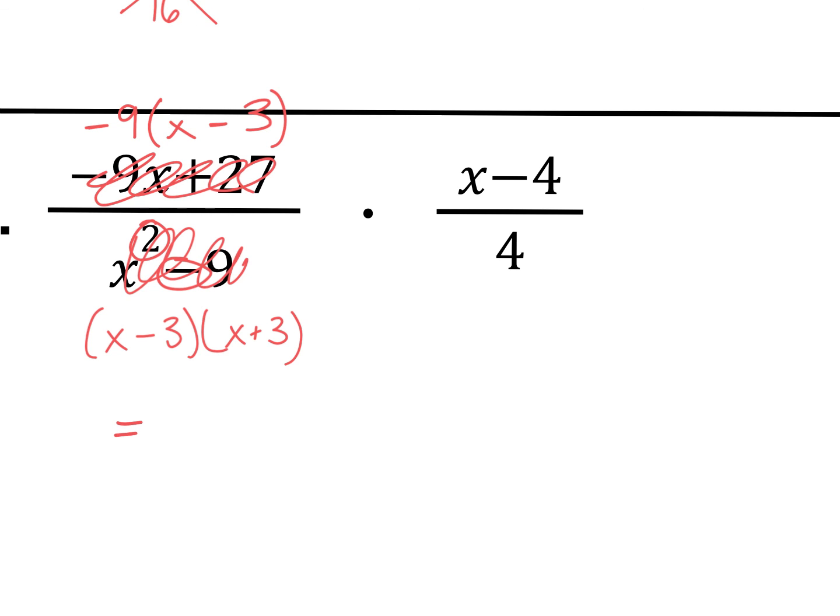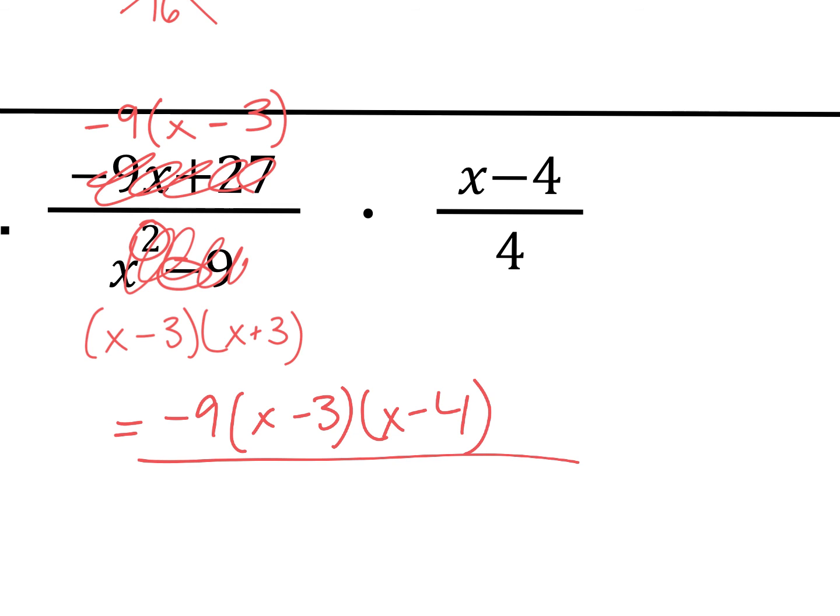So, multiplying across on the top. What's left up there? Or what is up there? Okay, negative 9, x minus 3, and x minus 4. And on bottom, what do we have?